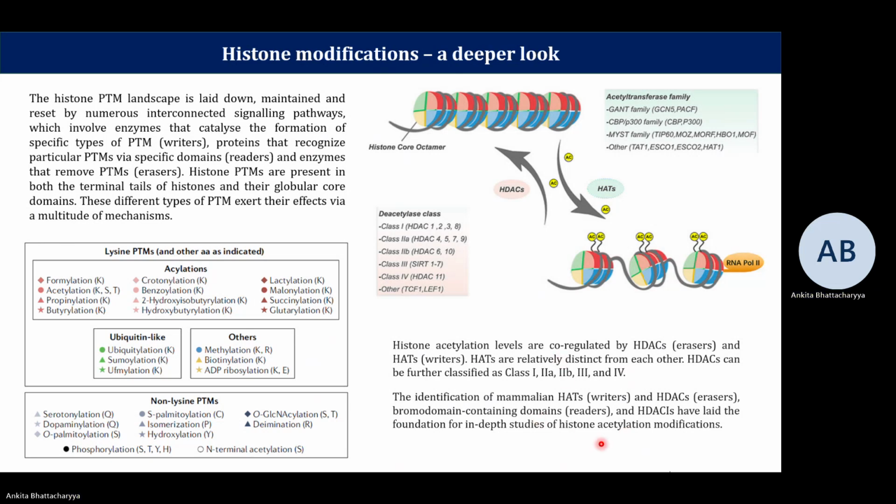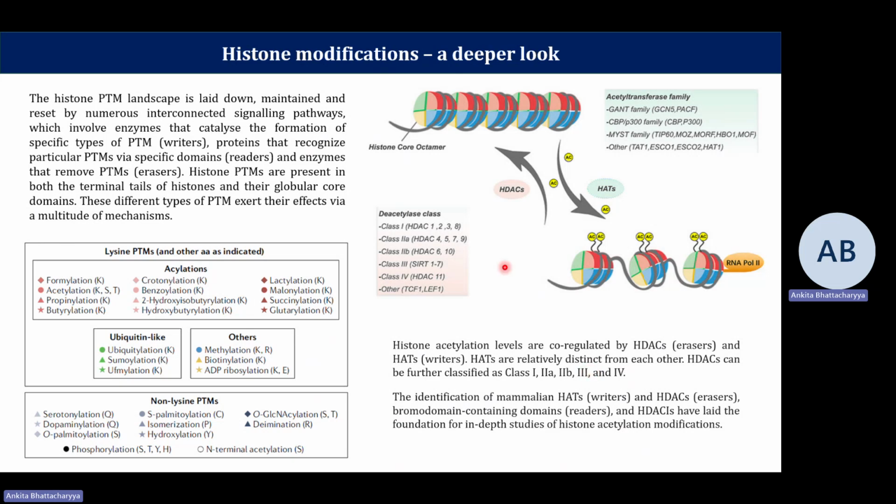The identification of mammalian HATs, which are writers, HDACs, which are erasers, and bromodomain containing proteins, which are known as readers, has laid the foundation for in-depth studies of histone acetylation modifications.